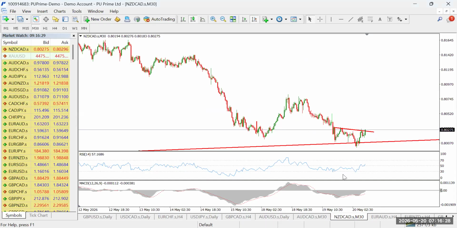All things being equal, if price makes a clean break above the neckline region, then we're going to see a bullish movement. We're going to see a breakout to the upside.